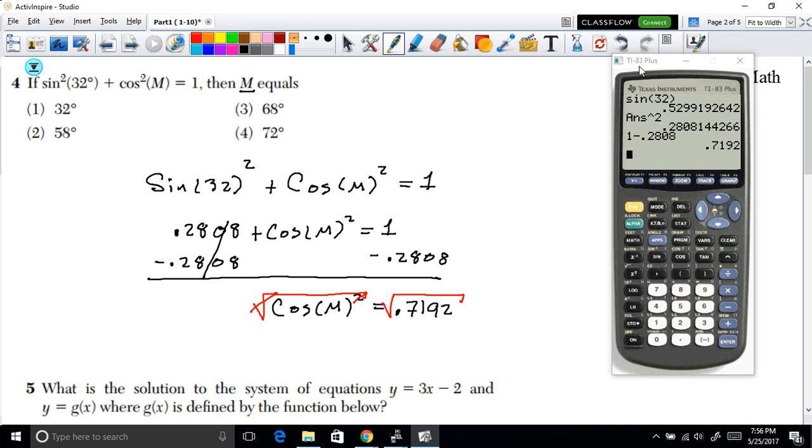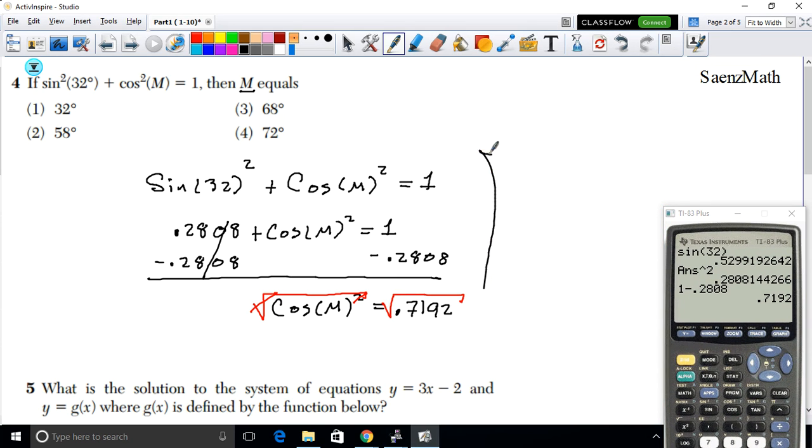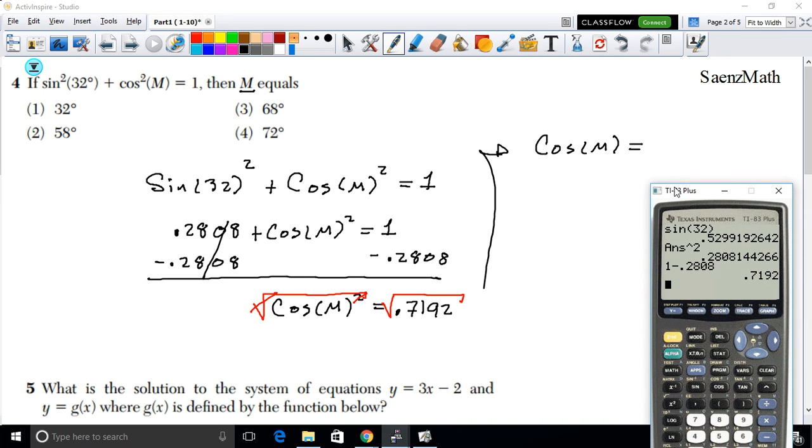Okay, perfect. Let's continue our problem here on the side. So now we have cosine of m equals the square root of 0.7192. I already did this. You can do it in the calculator, but this is equal to just 0.8480. Again, we want to solve for m. So now we're going to cancel the cosine. And in order to cancel the cosine, we got to do the inverse.